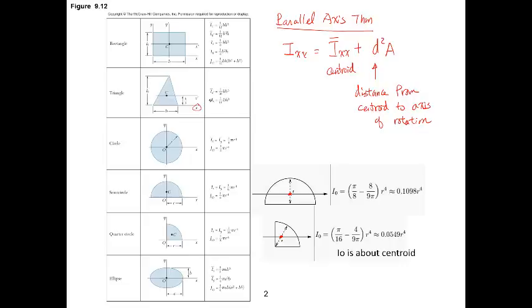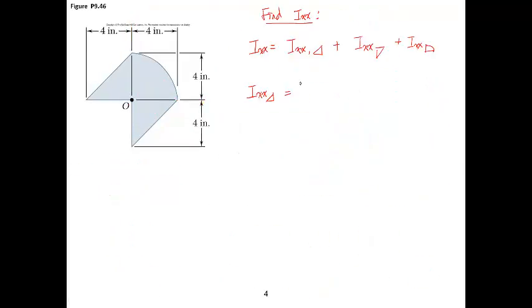So this is what we're looking for. Ix is 1/12 bh cubed. My base and height in this case are the same, so it's 64 over 12, in inches to the fourth.